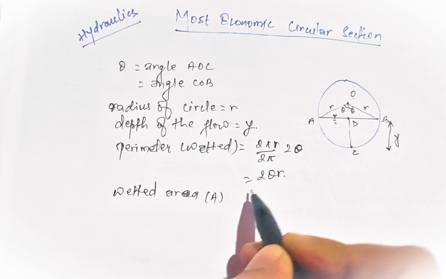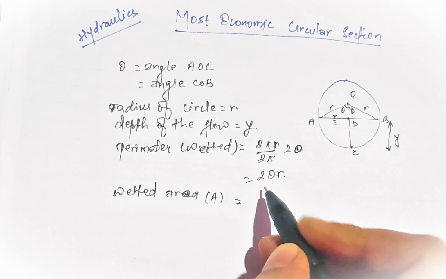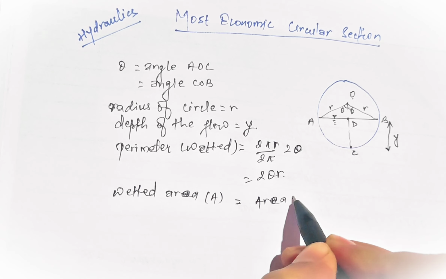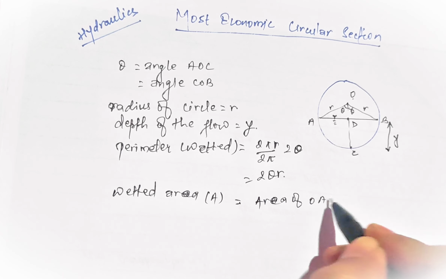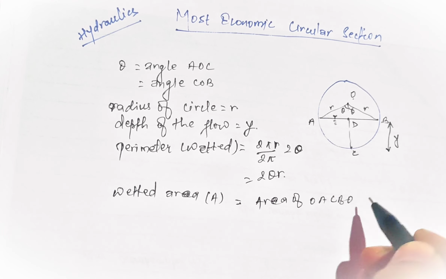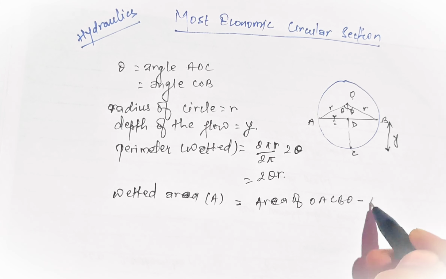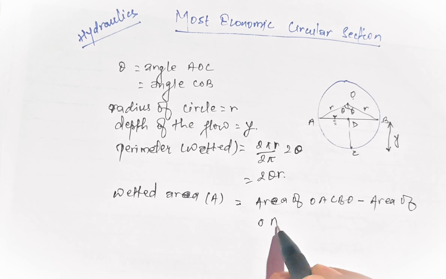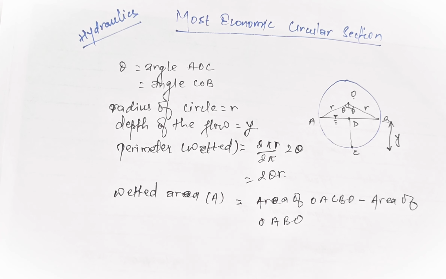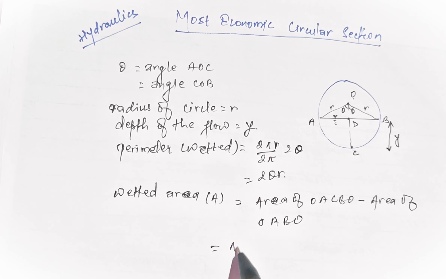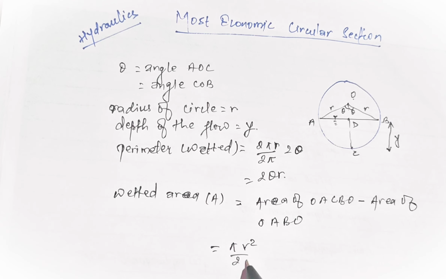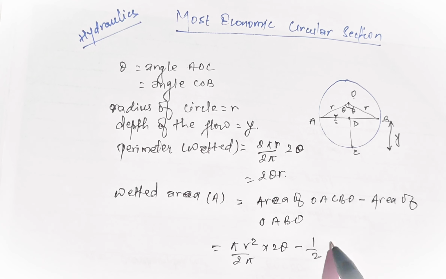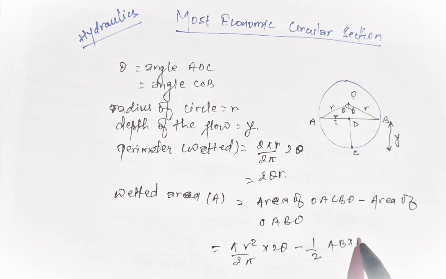The wetted area of the circle can be given as area of OACBO minus area of OABO, which equals pi r square divided by 2 pi times 2 theta, minus half of AB times OD.